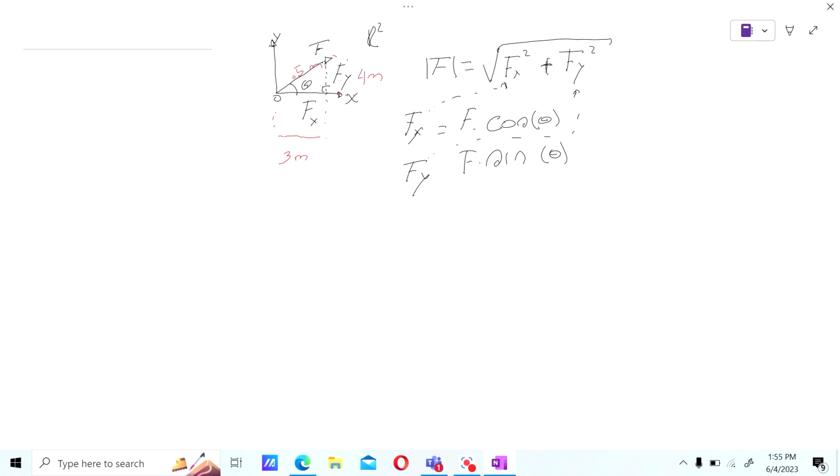So the distance F equals the square root of distance x squared plus distance y squared. So this is the square root of 3 squared, 9, plus 4 squared, 16, equals the square root of 25, equals 5 meters.